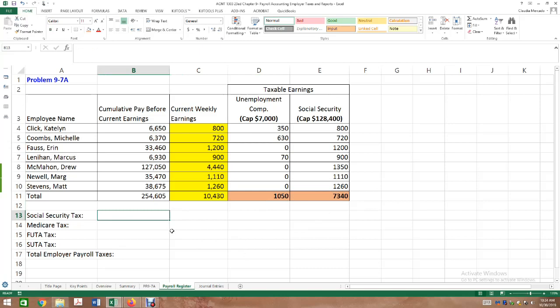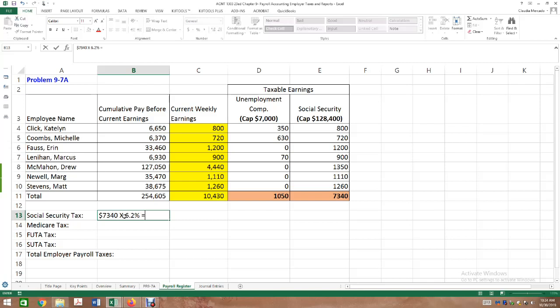Now to actually calculate your tax amount, we're going to use these numbers to do our calculations. The first thing I'm going to start off with is my Social Security tax. We're going to look at our Social Security taxable earnings column here. We figured out that $7,340 was taxable. My Social Security tax rate is 6.2%.